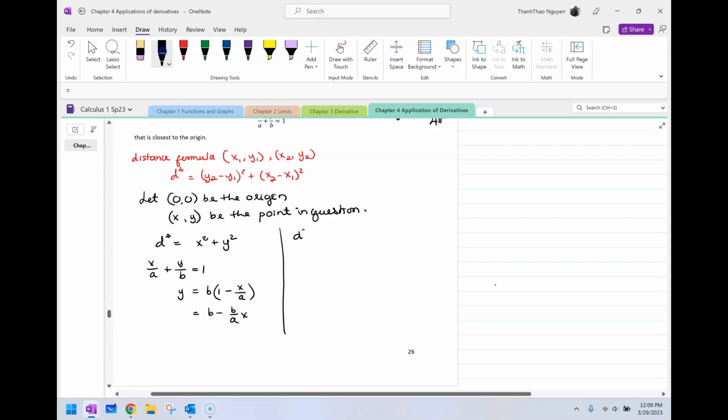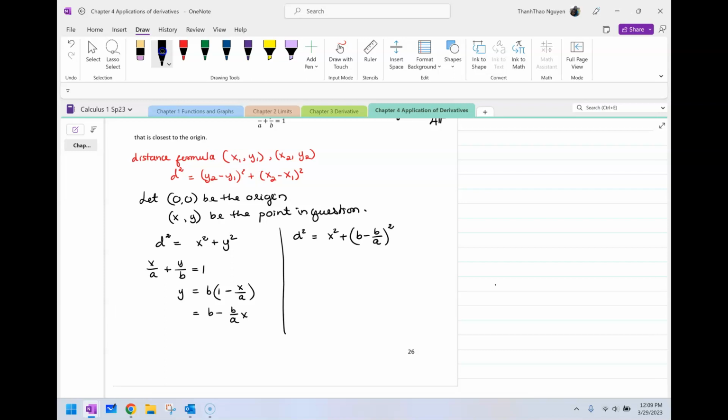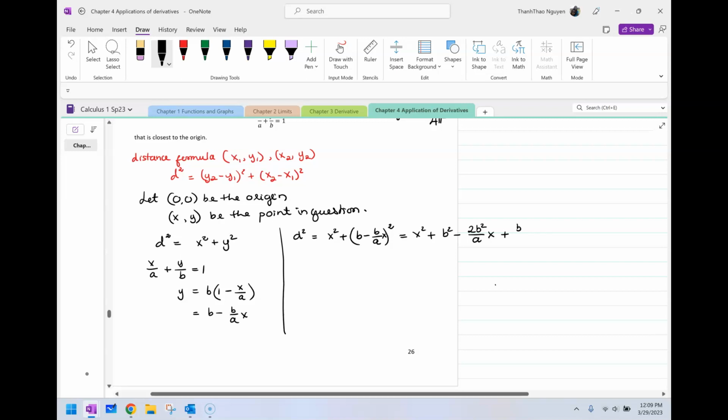So then we get d squared equal to x squared plus (b minus b over a x) squared. Let's simplify this: x squared plus b squared minus 2b squared over a times x plus b squared over a squared times x squared.